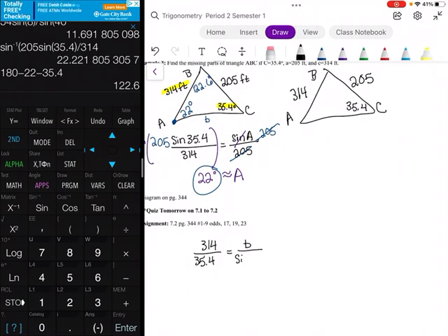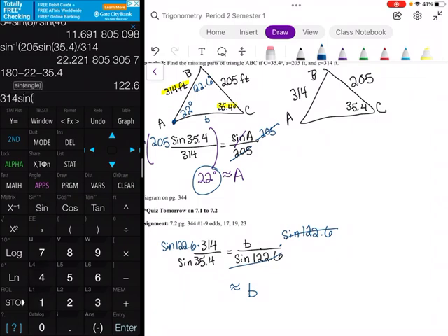Oops, I forgot sine over here. Sine of 122.6. So then I'm just going to multiply both sides by the sine of 122.6. And that will tell us what b is about equal to. 314 times the sine of 122.6, all divided by the sine of 35.4.